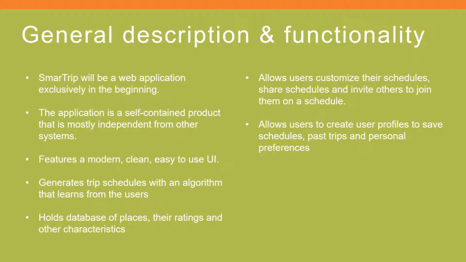They can share these schedules and invite other people to join them on this trip. And then once they're done with their trip, they can go into their user profile and check out all previous trips that they took and review the schedules that they used.